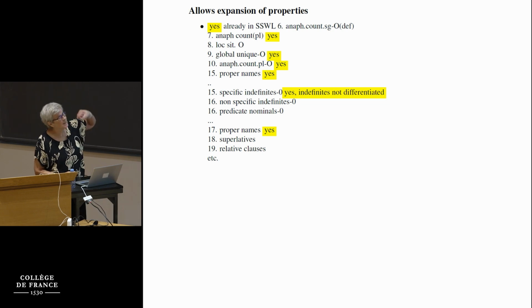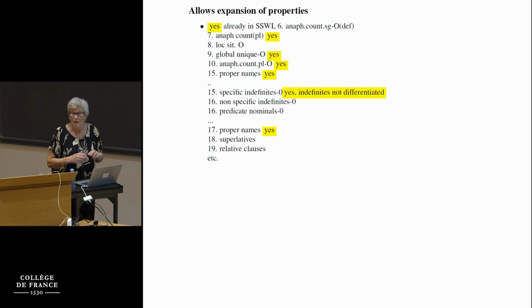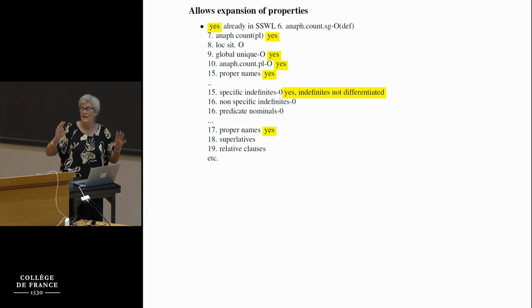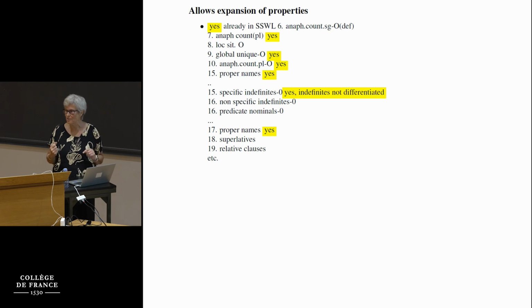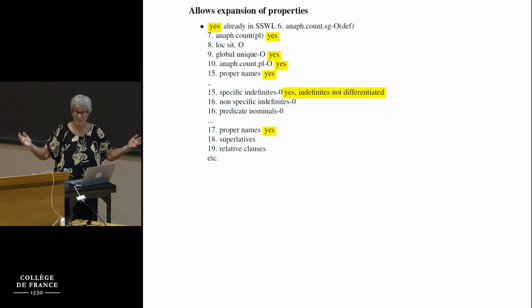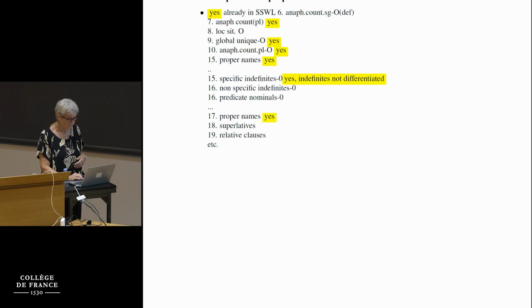So the point here is that this is not going to happen immediately, but such a data set can be expanded when need arises. Okay, someone who's a specialist on superlatives and wants to find out what the cross-linguistic picture is can write properties and the instructions and add it to the data set, right? So it's expandable.